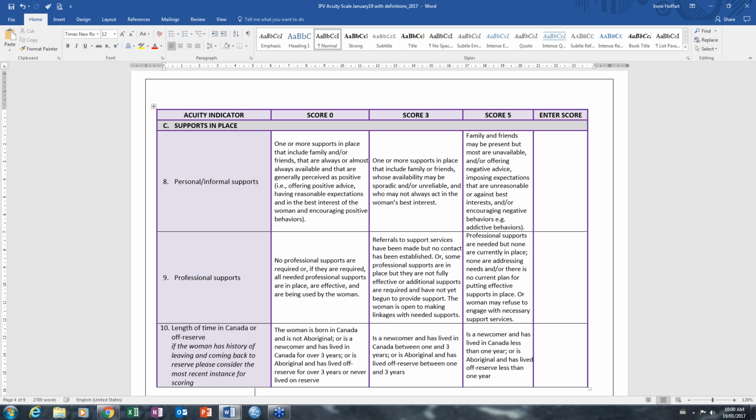A score of 3 means you do have some presence of that, but also some positive supports, though they may not be consistently present or consistently positive. They might be really positive and encouraging one day, but not so great the next. And a score of 5 means overall the supports might be there, but they're not available, not positive, they're unreliable, and they encourage negative behaviors.